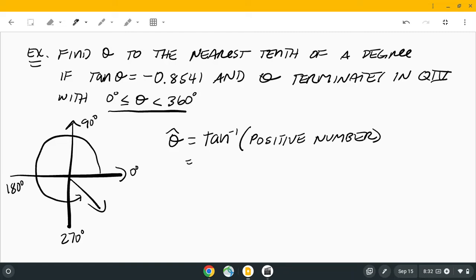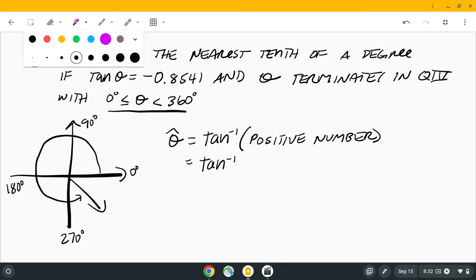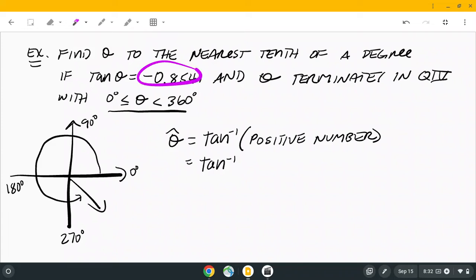So instead of negative 0.8541, we are going to enter the positive 0.8541. And we want the nearest tenth of a degree. So if you punch that into your calculator, you get 40.5 degrees.